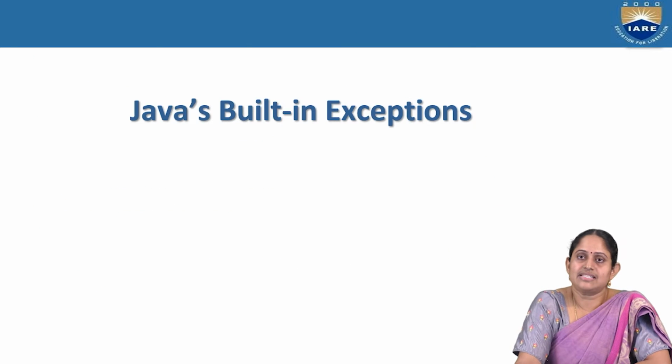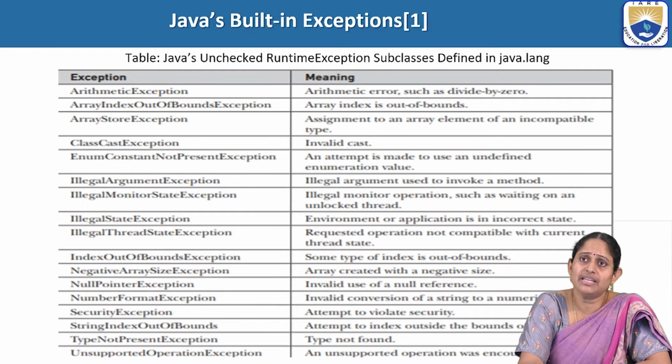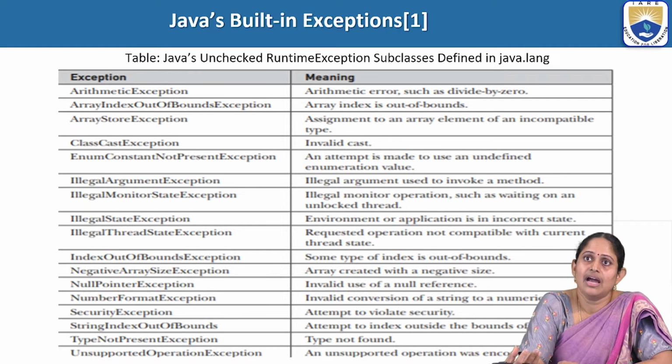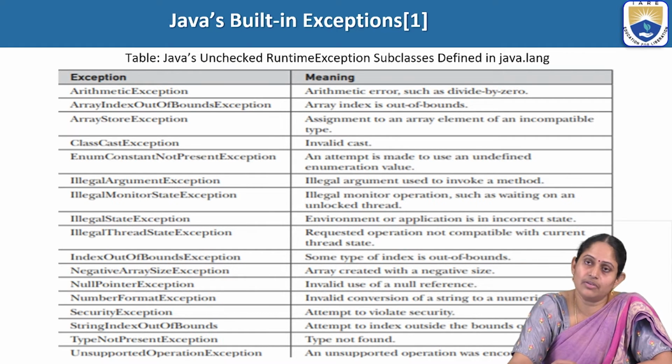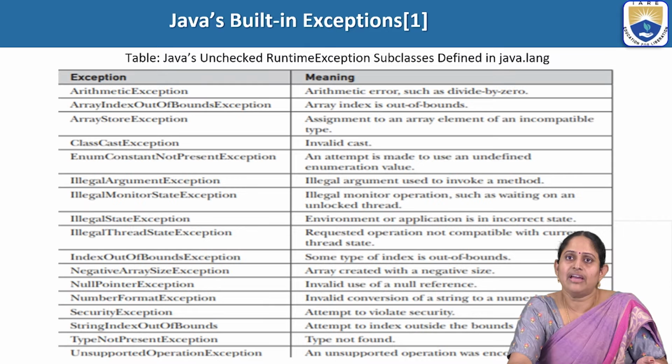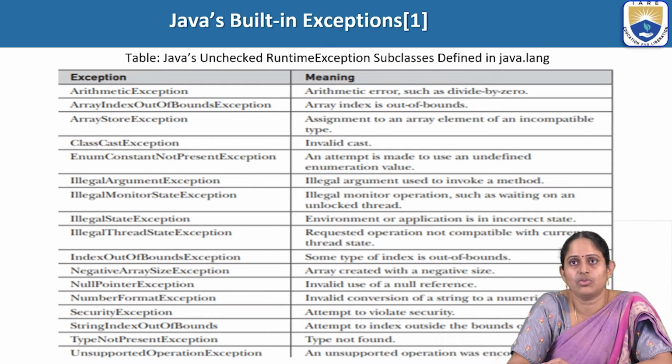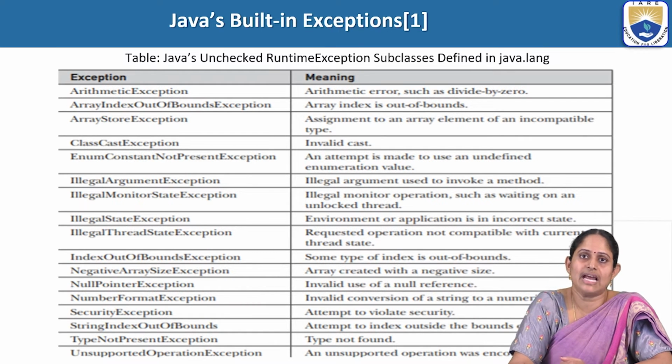Next, let's look into Java's built-in exceptions. So what are built-in exceptions? As I already told, exceptions can be either built-in, or the developer can build their own exception. Till now we have seen that the exceptions thrown and handled are mainly defined inside the JDK.